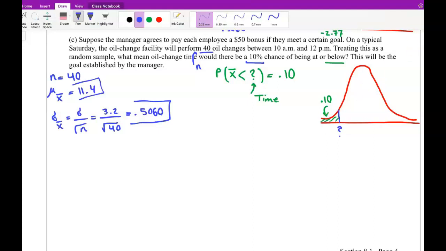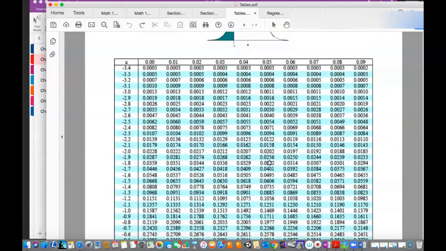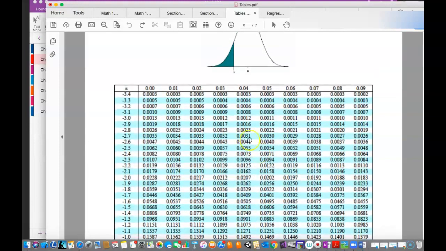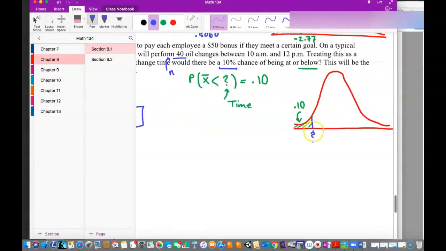Okay, using the table. Since we should have z on this part, as I said, z is 0 in the middle.